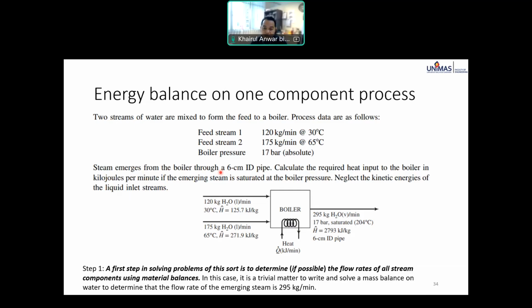So the outlet is 295 kg per minute. In this case, the streams are different since this is a boiler. Pressure rises to 17 bar. The outlet is saturated steam.